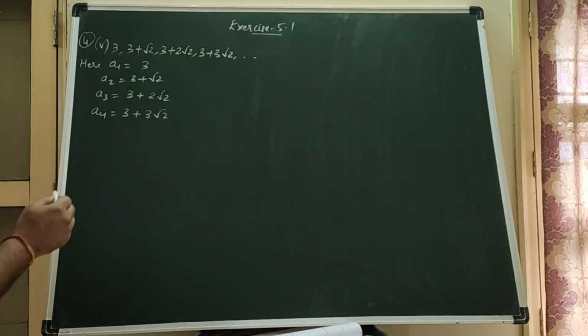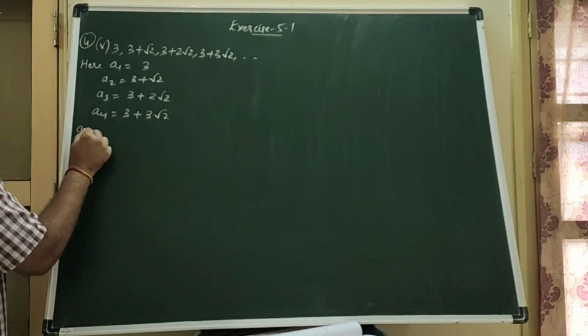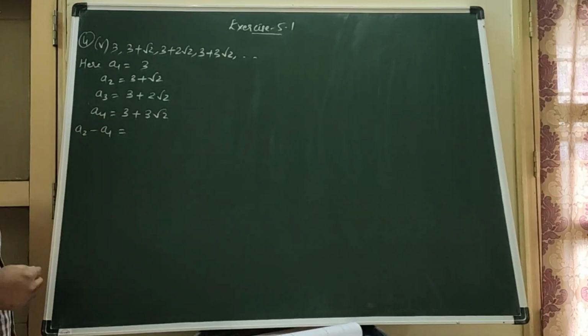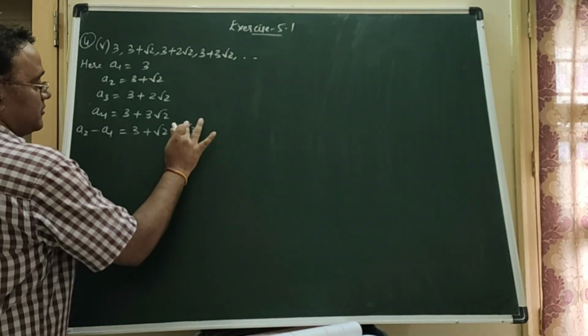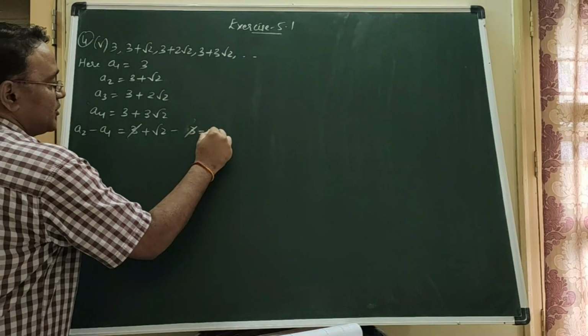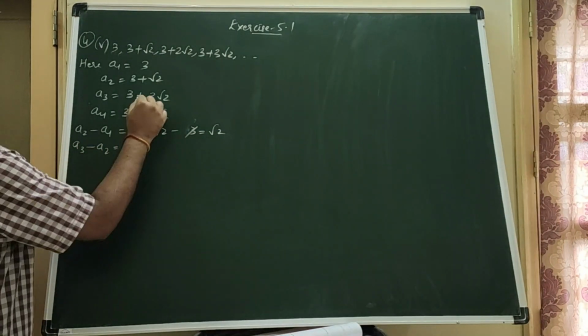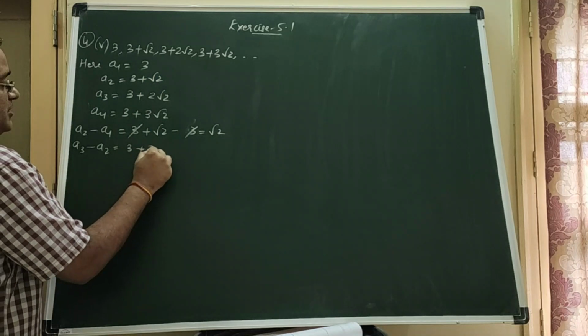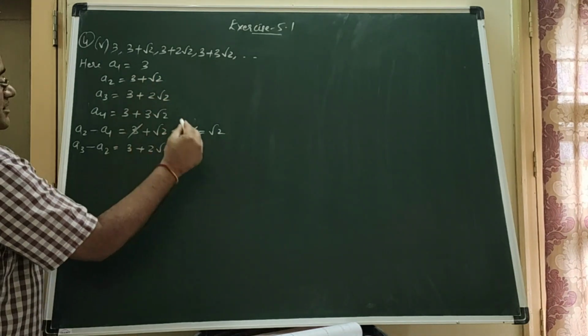Now what we will do, we will find the difference between the consecutive terms. So a2 minus a1, this is the first difference. 3 plus root 2 minus 3 we will get root 2. And a3 minus a2, 3 plus 2 root 2 minus 3 plus root 2; if we subtract this, the sign will be changed.